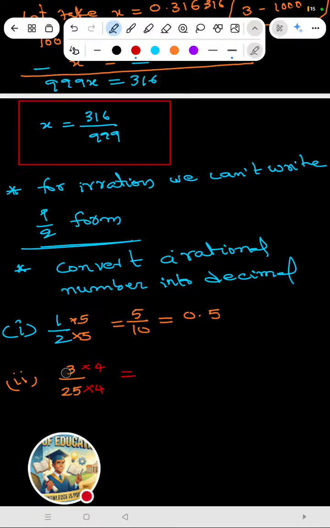So it becomes 3 fours are 12 by 25 fours are 100. So we write 12 first. At the denominator, how many zeros are there? 2 zeros. That means you have to put the decimal after 2 digits of 12. It is 0.12.